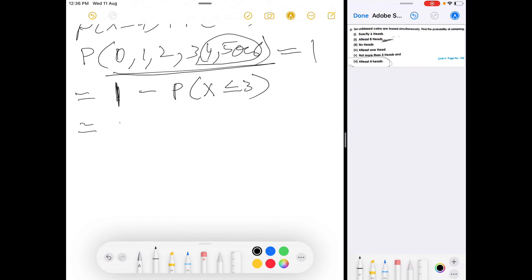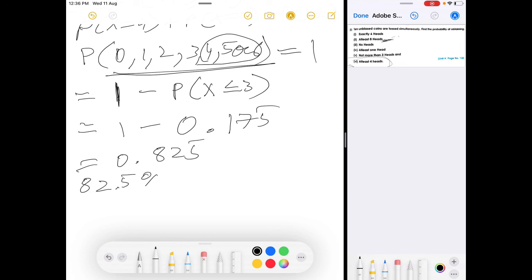We just take the value which we have calculated as 0.175 and subtract that from this to get 0.825, which in other words means there is 82.5% probability of obtaining at least 4 heads, or that means 4 or more heads.